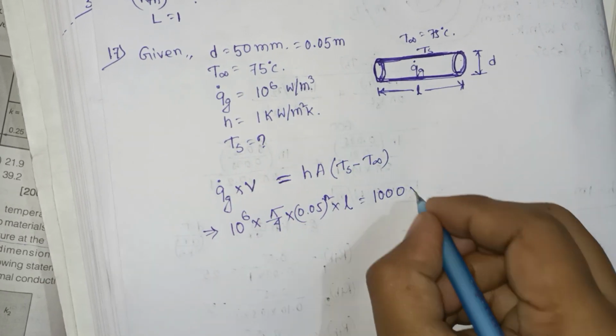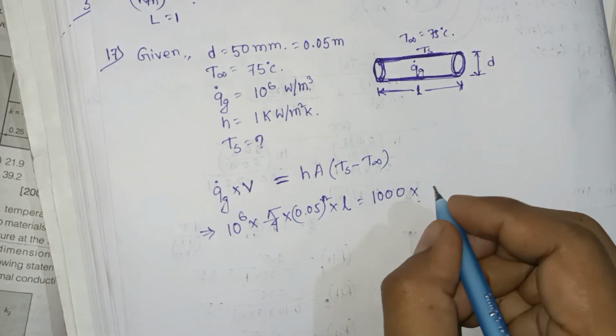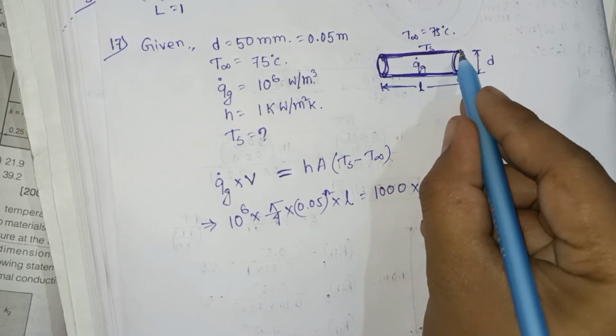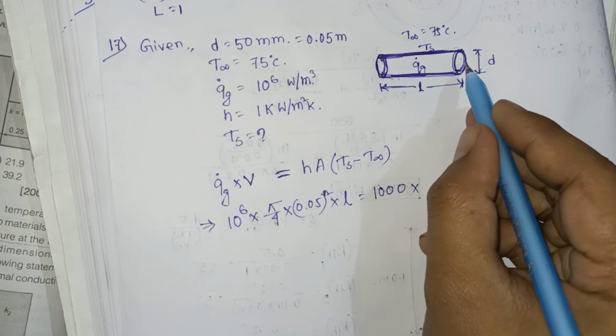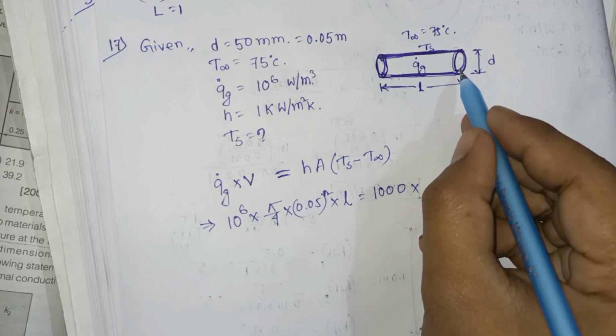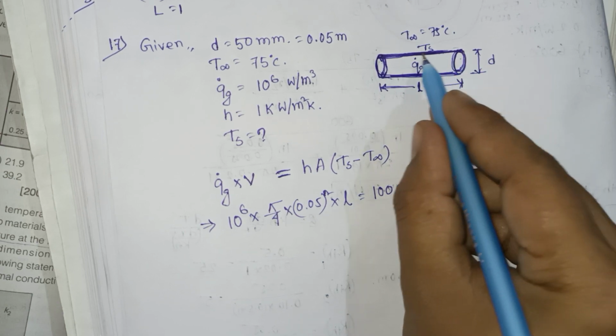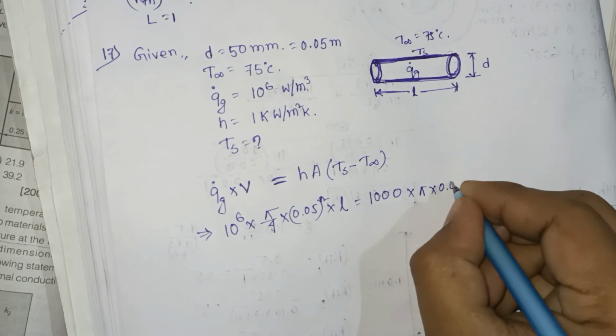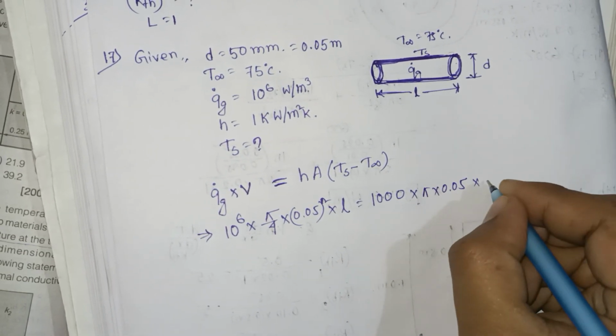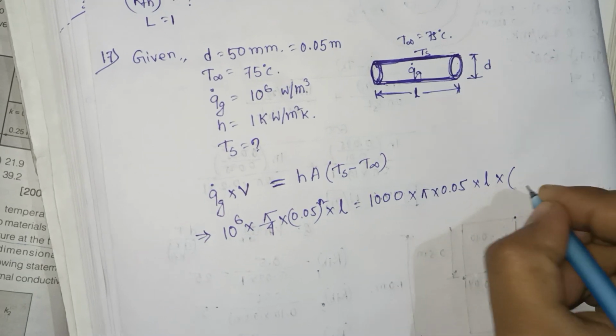So 1000 into area. What is the area of this rod? That is pi d into L. So pi into 0.05 into L into Ts minus T infinity.